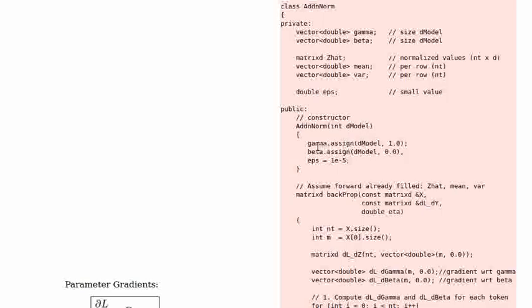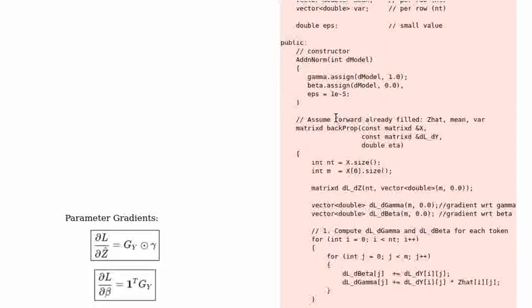So the gamma values are set to 1, beta value is 0, epsilon is 10 to the negative 5. We assume that we have implemented a forward computation, so we discussed this before in a video about multi-layer perceptron. So we have c hat, mean, and variance.